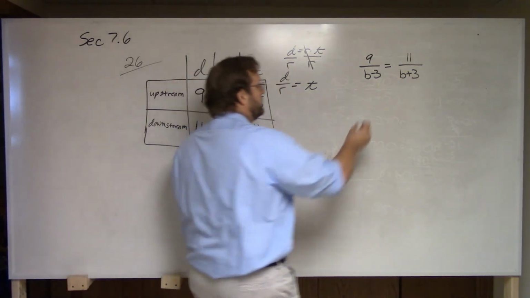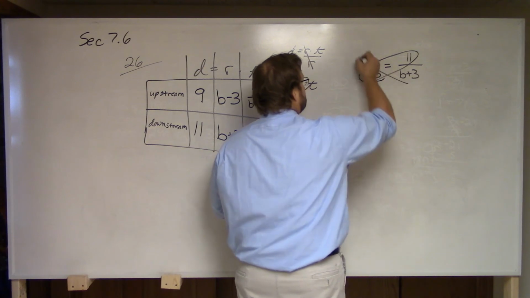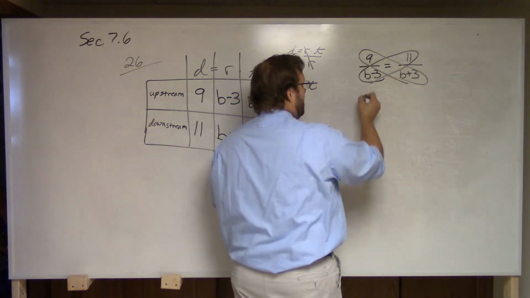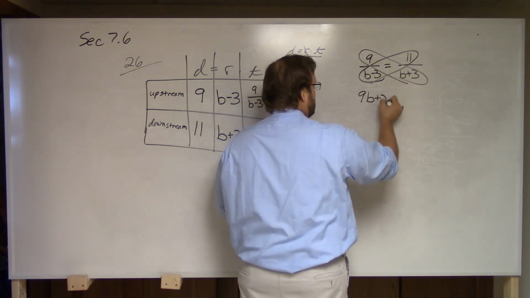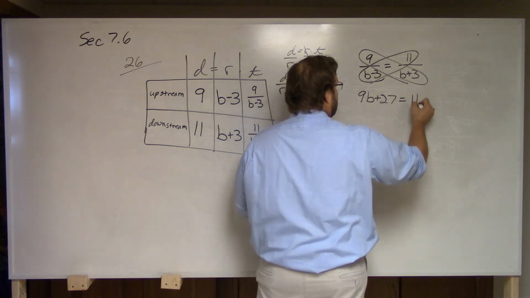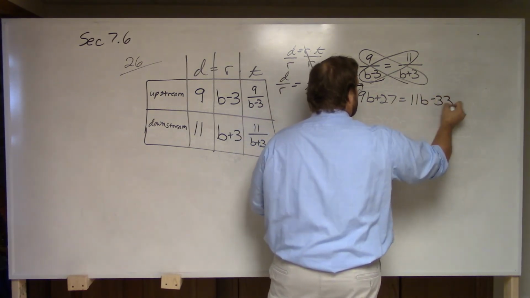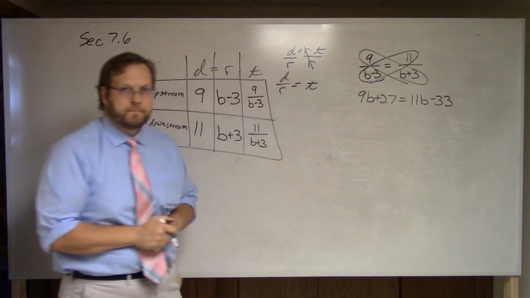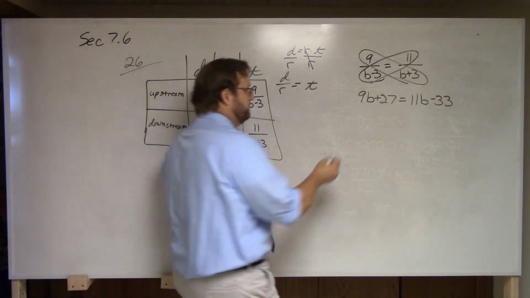So I'm going to cross multiply. I have 9b plus 27, 11b minus 33. I can then solve.